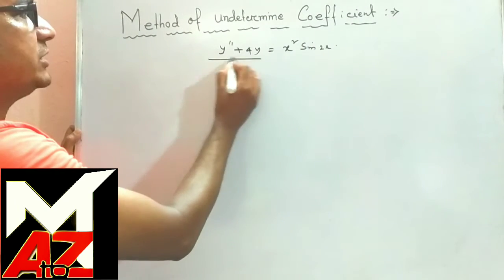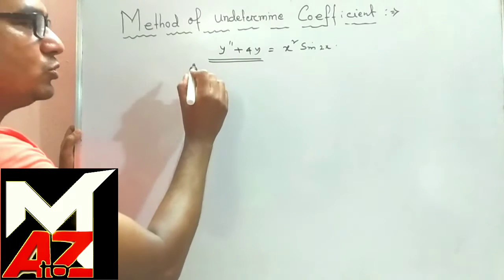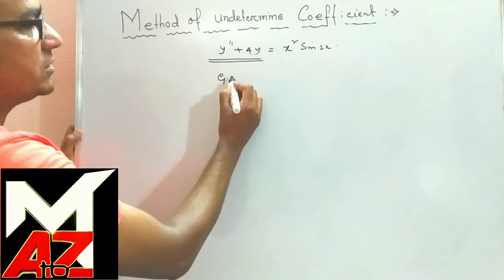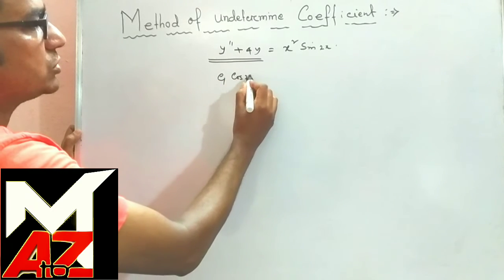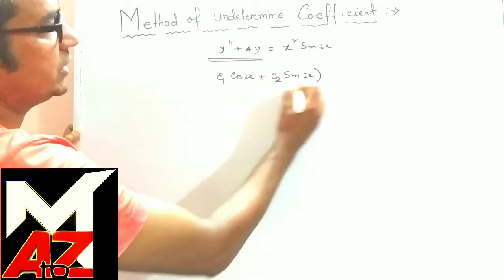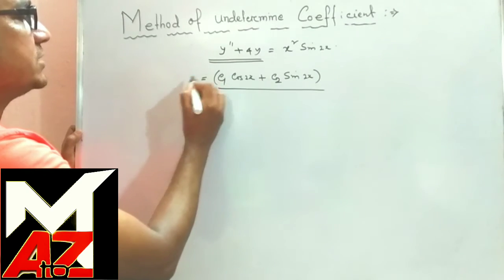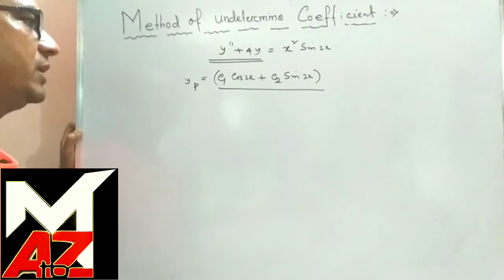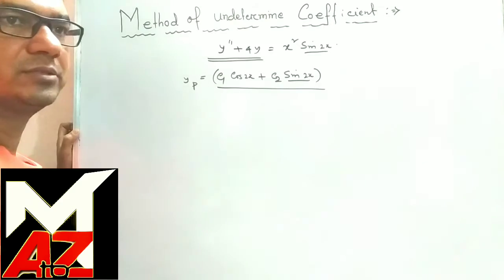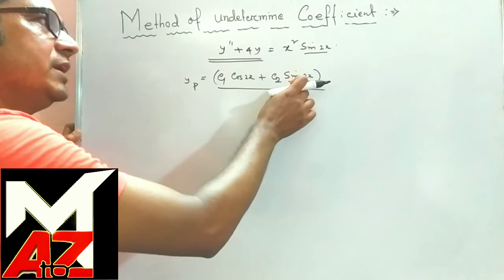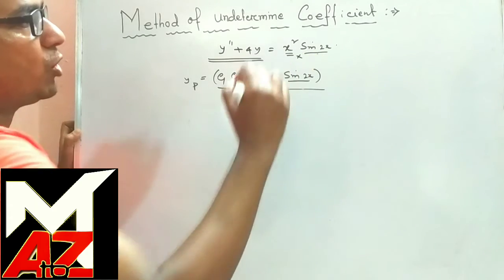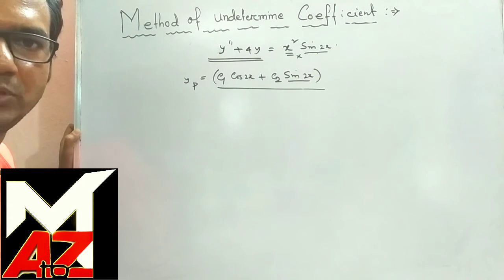And from this it is easy to write the complementary function as c1 cos 2x plus c2 sin 2x, right? The right side contains sin 2x, so there is a complication, and x square and sin 2x are in the form of a product.